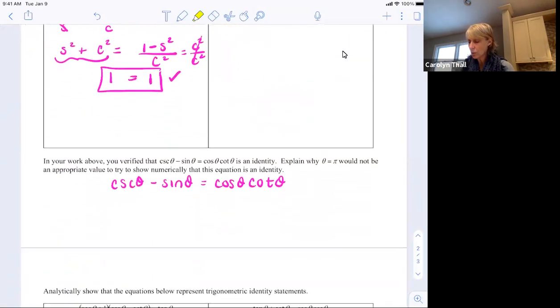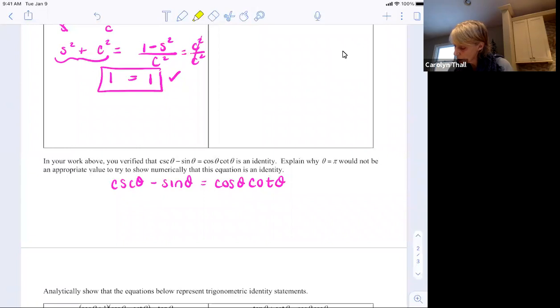Explain why theta equals pi would not be an appropriate value to try to show numerically that this equation holds. So we'll talk about why we can't just plug in an angle and use that as our verification.